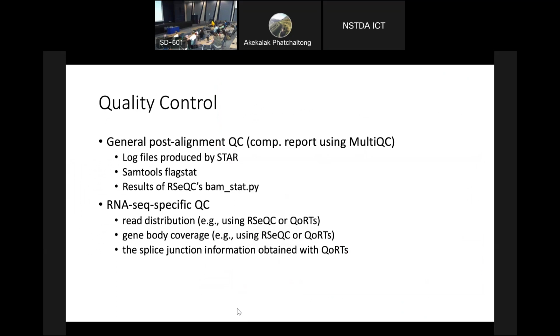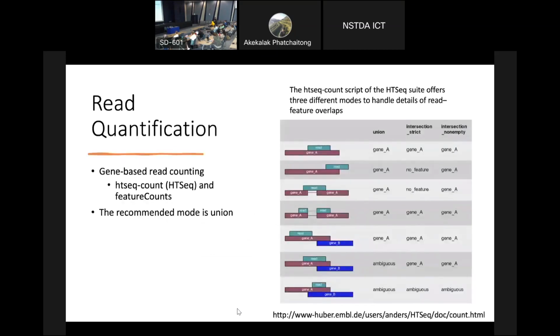But individually, you can look at the log files produced by STAR, as I showed you earlier, the SAMtools flagstat results from this software that I didn't go through. And you also have some RNA-specific QC: the read distribution using one of these tools, gene body coverage using one of these, and the splice junction using this one. So there are a bunch of different QCs that you've got to do to make sure that everything is good before you proceed further.